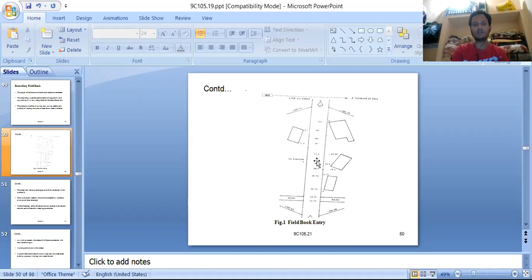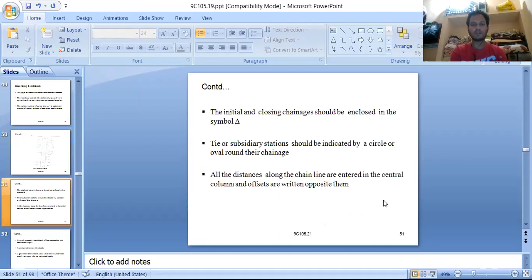The numbers written here represent the chain edges of different offsets. The field book entry is very similar to this diagram. The initial and closing chain edges should be enclosed in the symbol delta. So it represents initial and final chain edges.